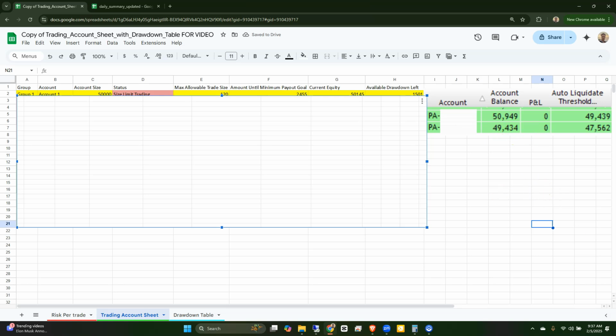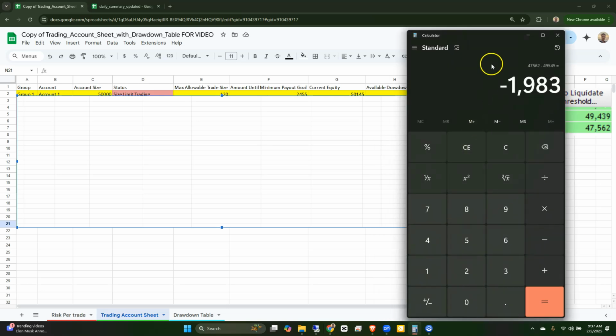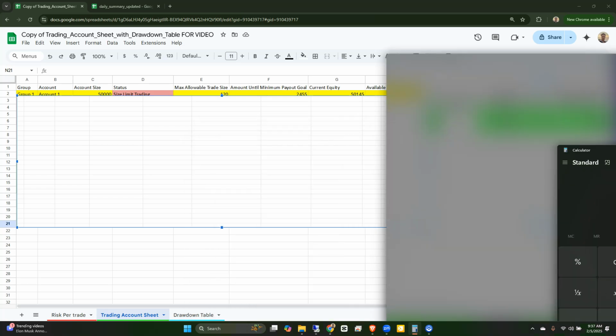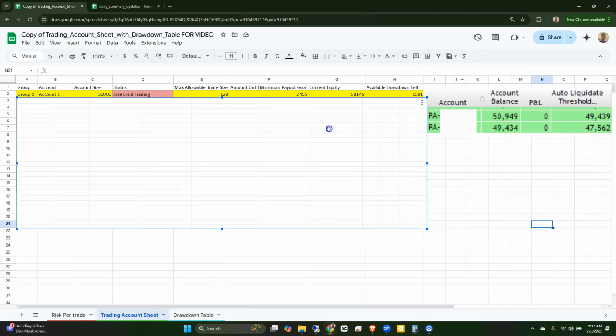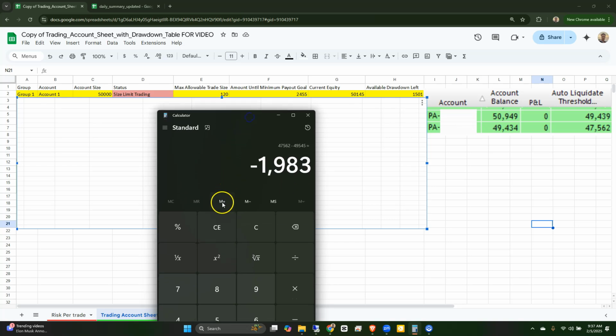If we get the calculator out, you do have to set this part up manually, and it takes a second to set up at first, depending on how many accounts you have. But here's how we would do it. On my R Trader, I would have an auto liquidate.